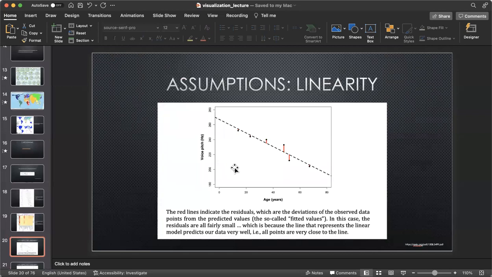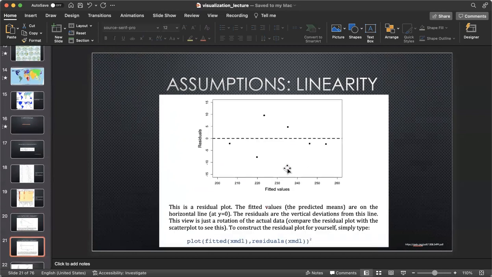The residuals are the distances from those data points to that line, right here, those lines in red. What you always want to check is, are these residuals normally distributed? So for example, here is a plot of the residuals against the fitted values and how they change. There's a very simple command in R. It's a one-line code in Python.